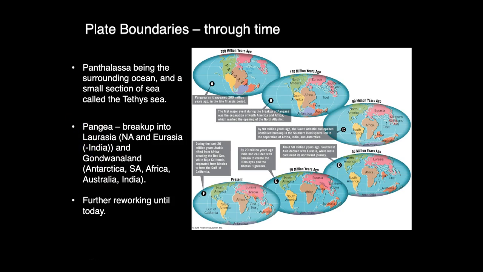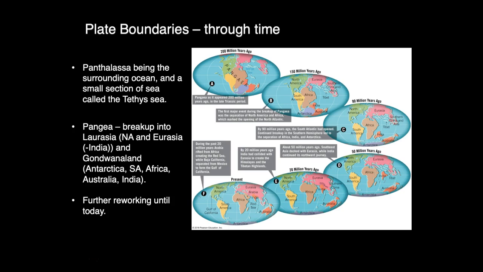About this time as well, Greenland continued splitting from Eurasia, which completed the breakup of the northern landmass, so the breakup of Laurasia. During the past 20 million years or so, the Arabian Peninsula, or the Arabian Plate, I should say, split from Africa through the Red Sea.